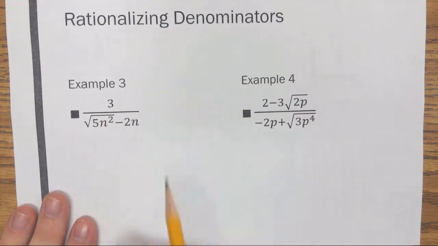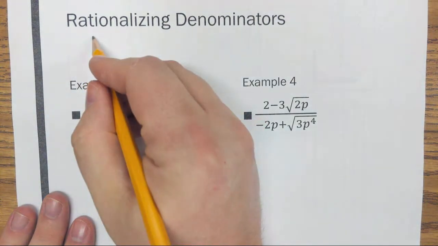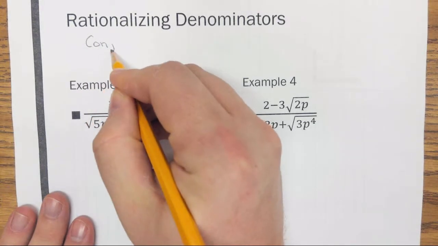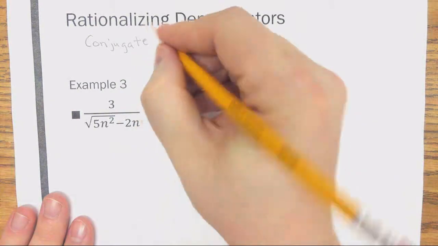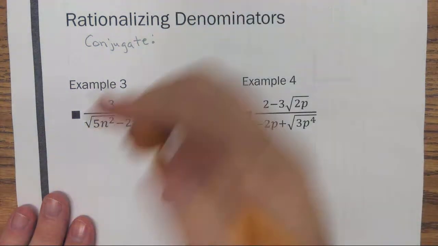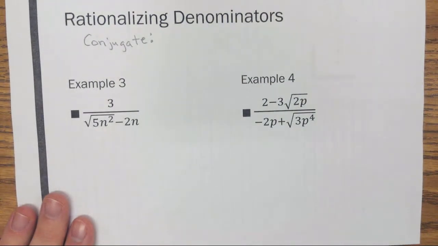Look at this guy. This one is looking like tons and tons of fun. Alright. So this gets a little bit more complicated here because we have to talk about something called the conjugate. The conjugate of a number is just that number but the opposite sign.